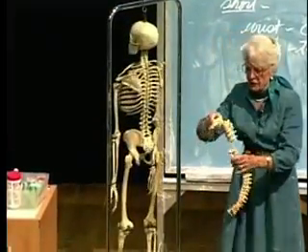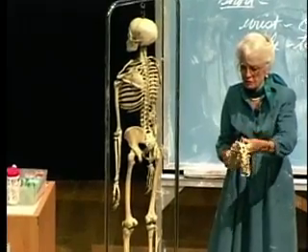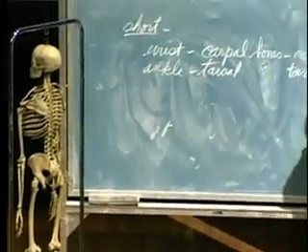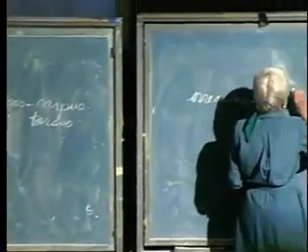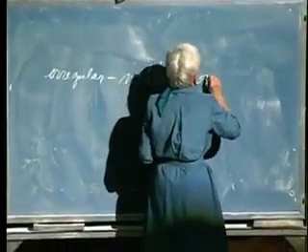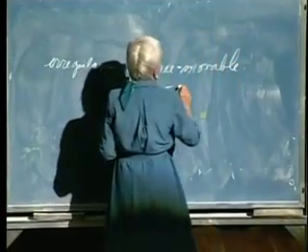Here we have what we call movable vertebra, right? Every time you bend over. So we have vertebra, which are movable, and we have vertebrae which are immovable.